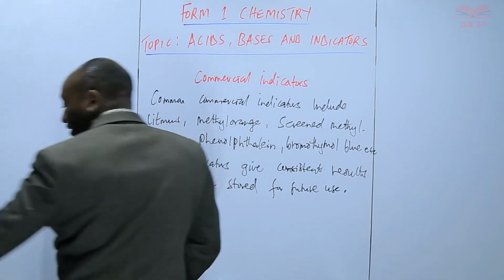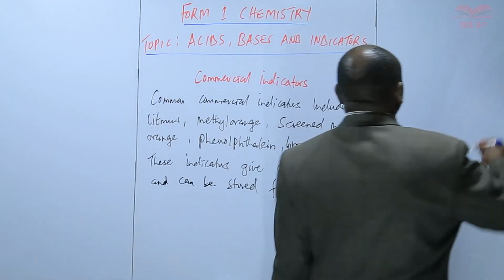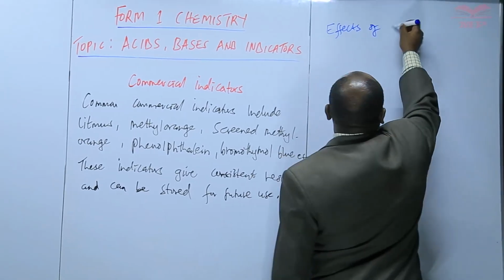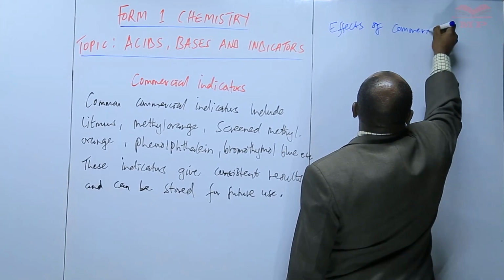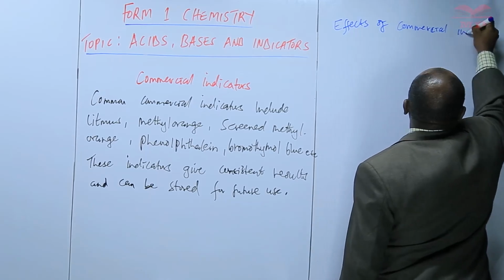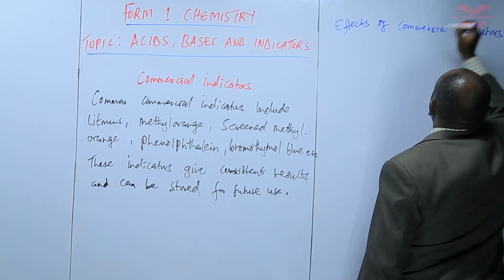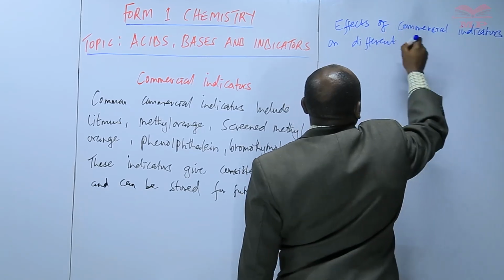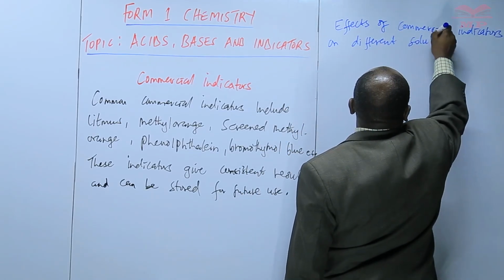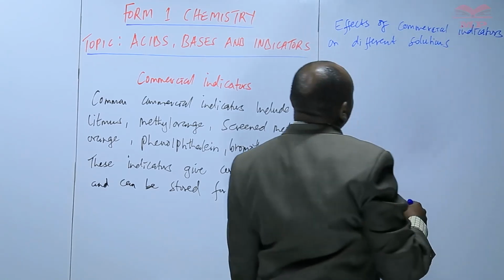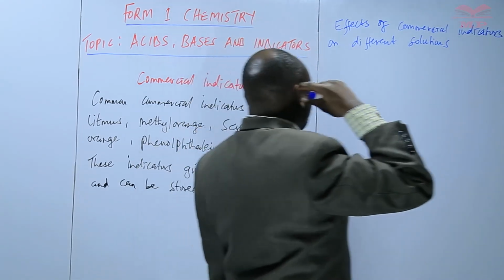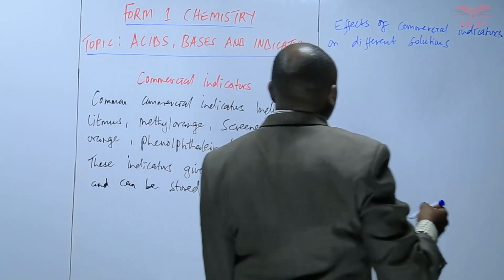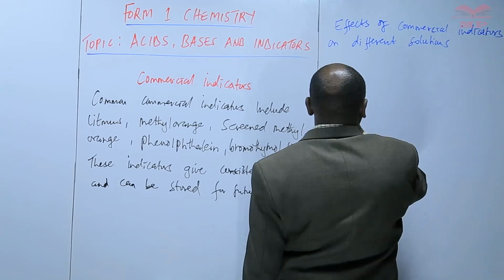So at this point, we'll have a table showing the effects of commercial indicators on different solutions. So we'll put these as a table.